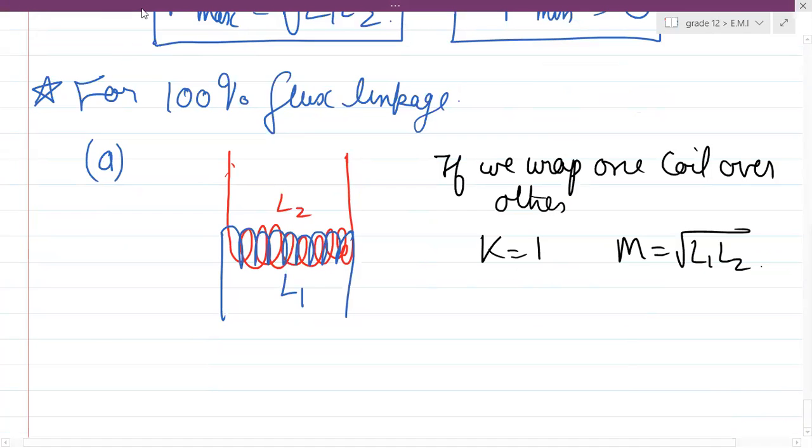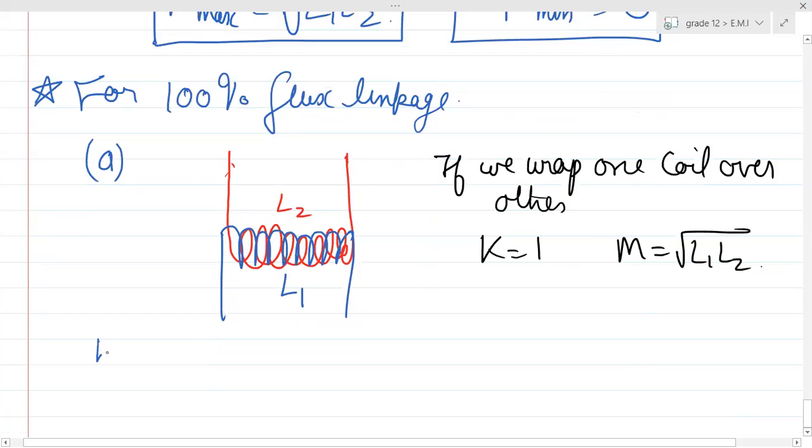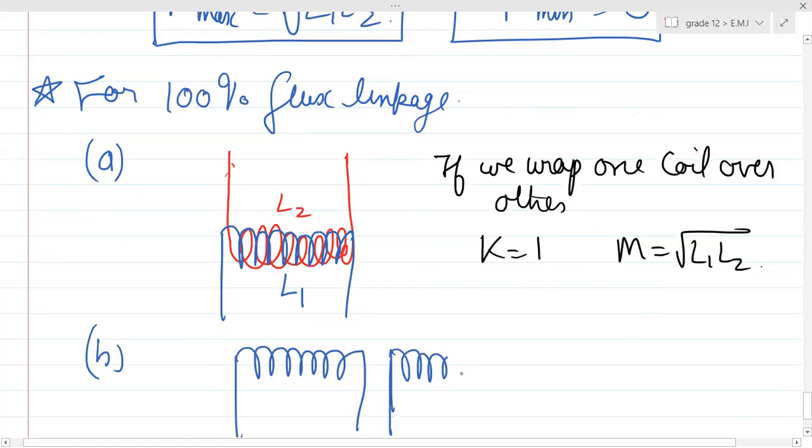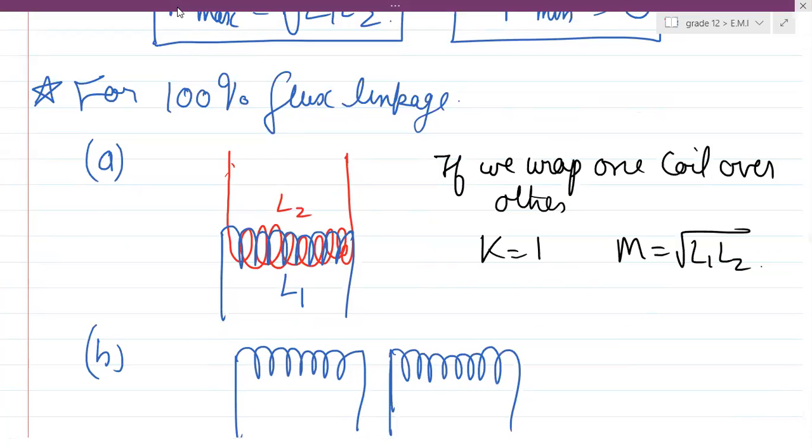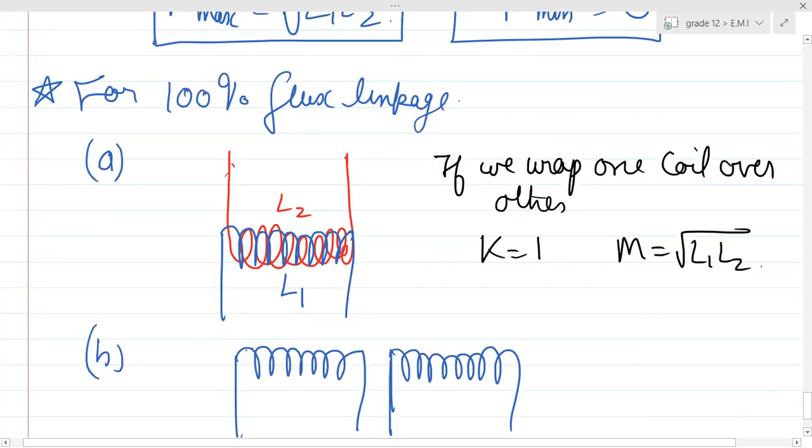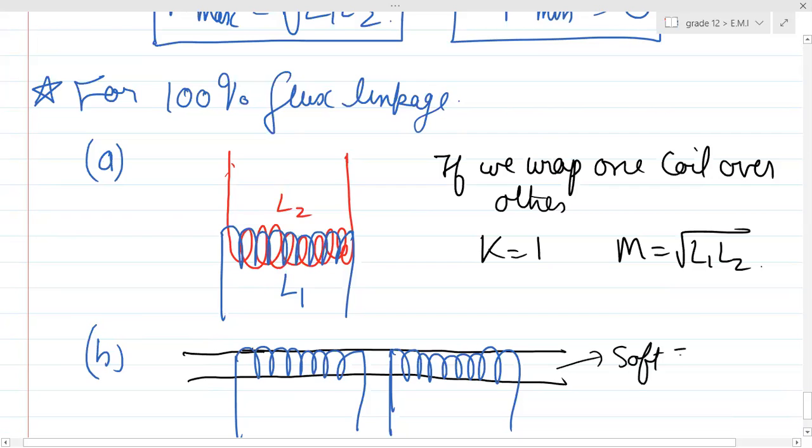The second case can be what? What can be the second case, guys? Can you suggest any method through which I can link the flux between them? Suppose I have a soft iron core, suppose this is a soft iron core bar over which I have wrapped both the inductors.